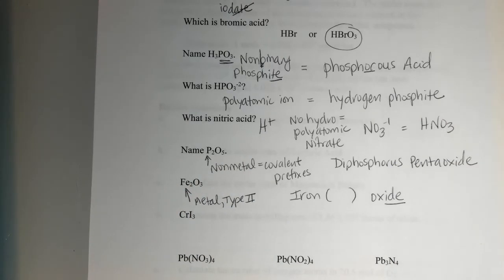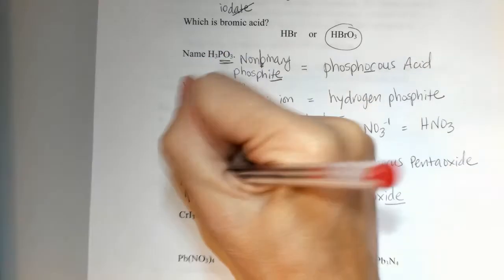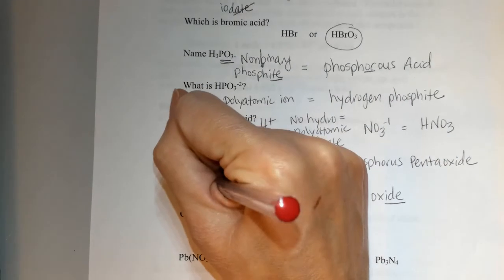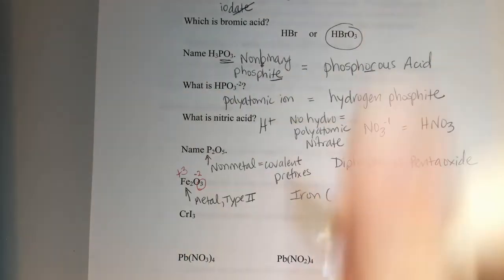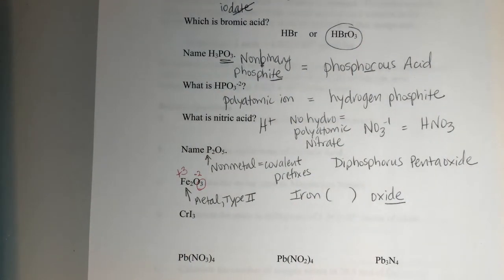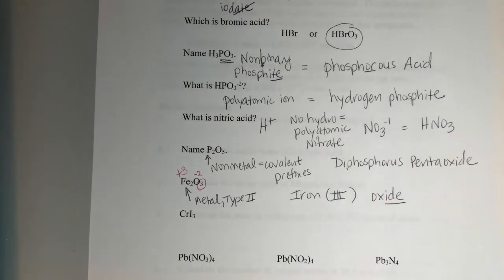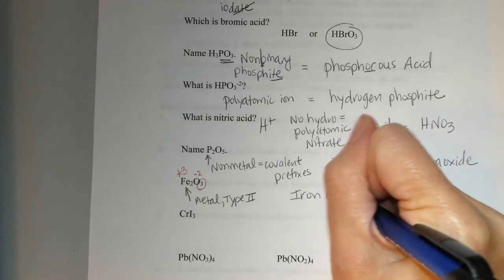Now for the charges, I have to start with oxygen. Oxygen is a -2 charge. That is the subscript on the iron, so then the opposite will be true. The subscript on oxygen, which is a 3, is the charge on the iron. So this is iron(III) oxide or ferric oxide.